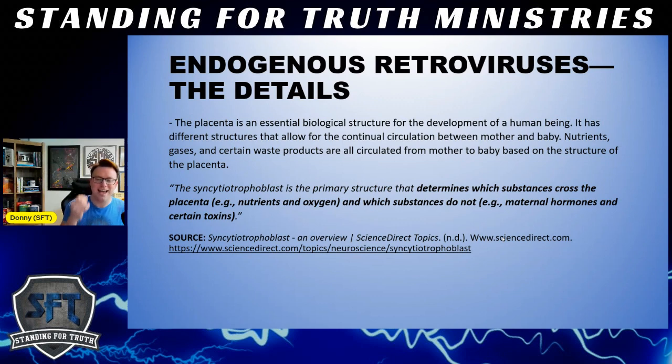And guess what? An endogenous retrovirus is actually key to embryological development and placental function. The placenta secretes a protein that binds it to the embryo, which actually keeps the two connected for the next several months of development.